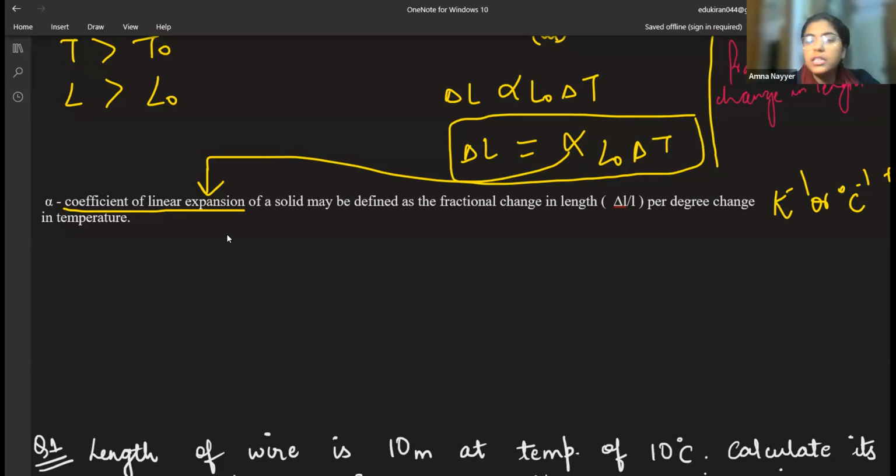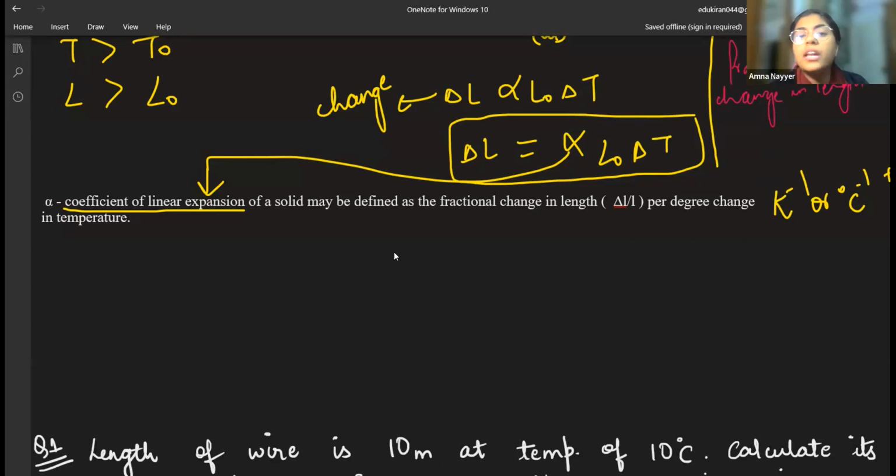Okay, what was the change in length actually? I have been writing delta L, delta L, delta L. What is actually delta L? Delta L is the change in the length that has come. So how can I write the change?